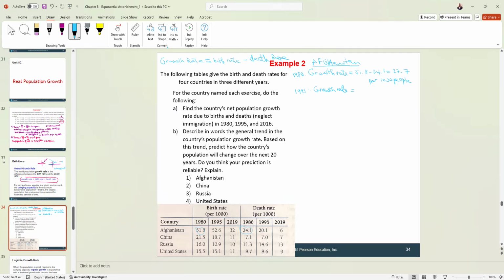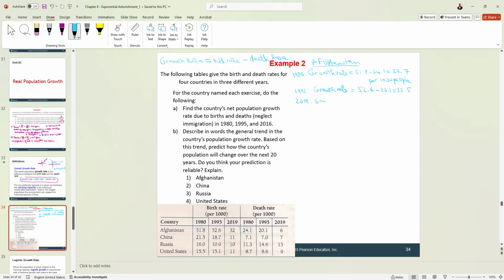That would be 52.6 minus 20.1, which gives you 32.5 per 1,000. So if we do 2019, we're going to do 2019 as it is. I don't know why I said 16, so it should be 19.